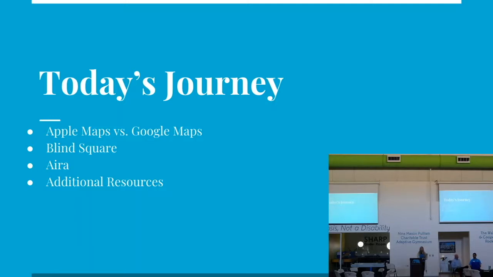And just the differences and the new updates with the apps and features that you can use that you might not have known, you can do more than just looking up an address. We're going to talk a little bit about Blind Square and AER, if you're not familiar, a new technology being used. And then we have some additional resources, a couple of apps that we each personally really like using.